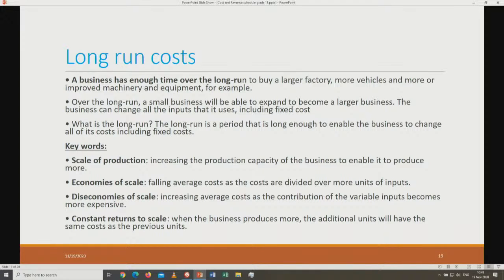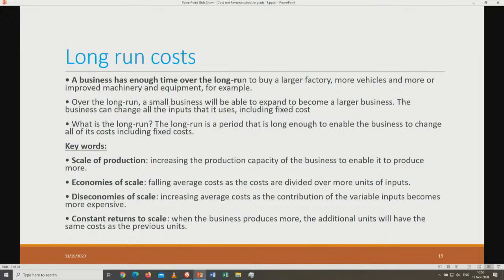Now, we say a business has enough time over the long term to do what? To buy a larger factory, to change from a small factory building to a bigger factory, to buy more vehicles and more improved machinery and equipment.